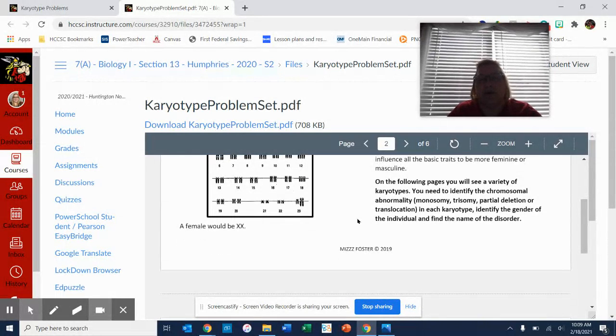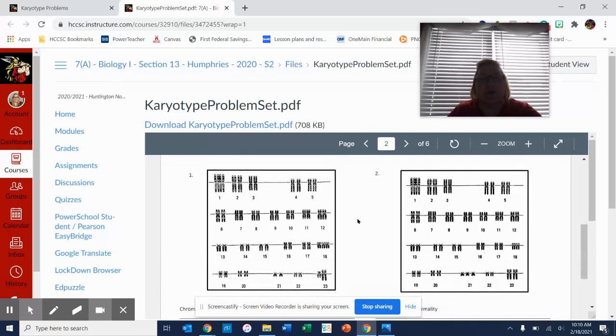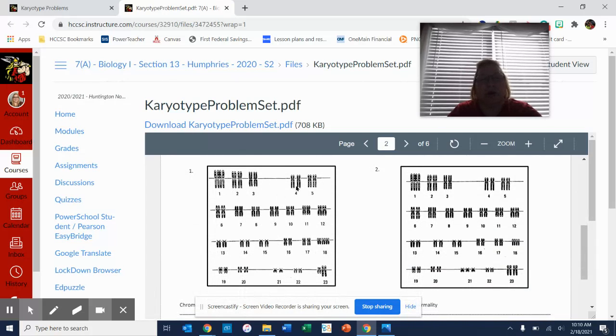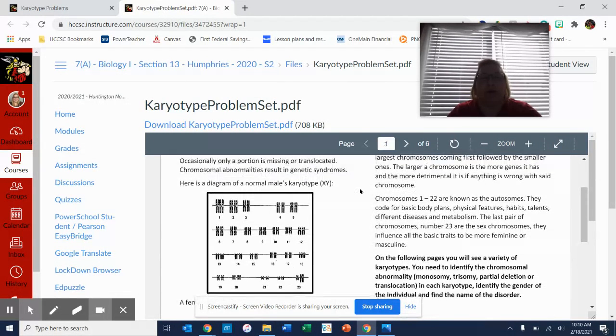What I want you to do is come over here and take a peek at these two karyotypes. We've got karyotype number 1 and karyotype number 2. I want you to compare your problem karyotypes with the normal karyotype and see what's different.